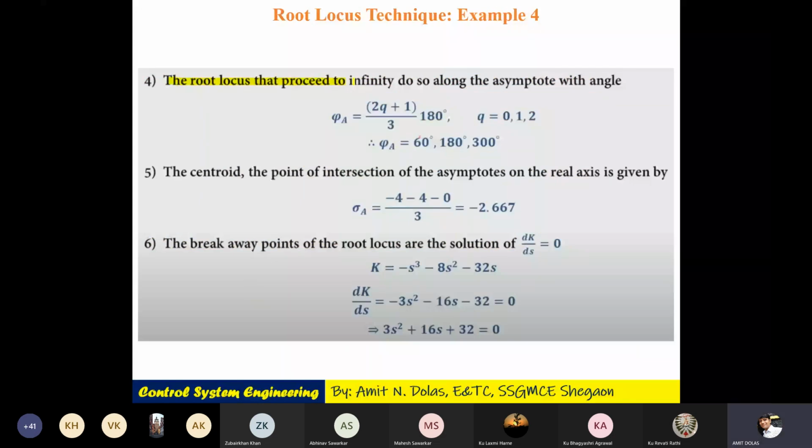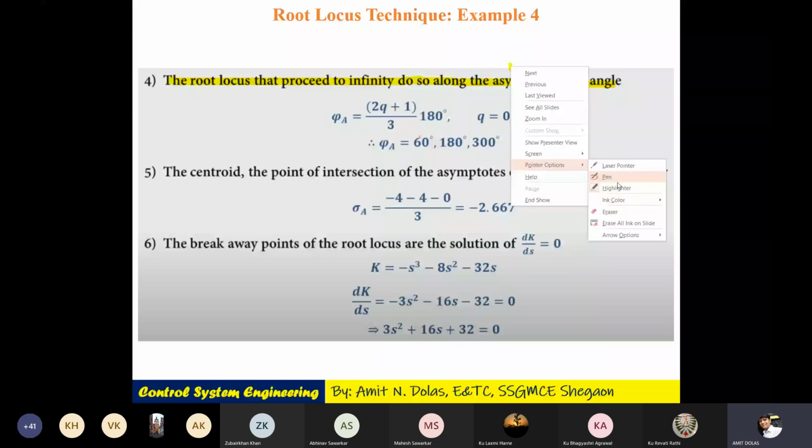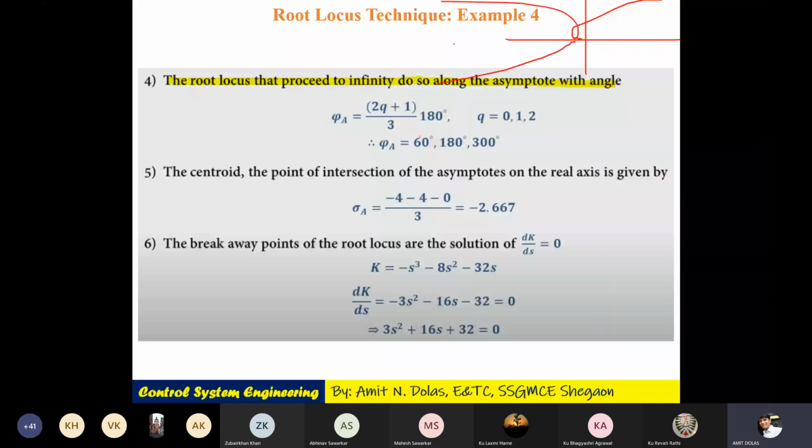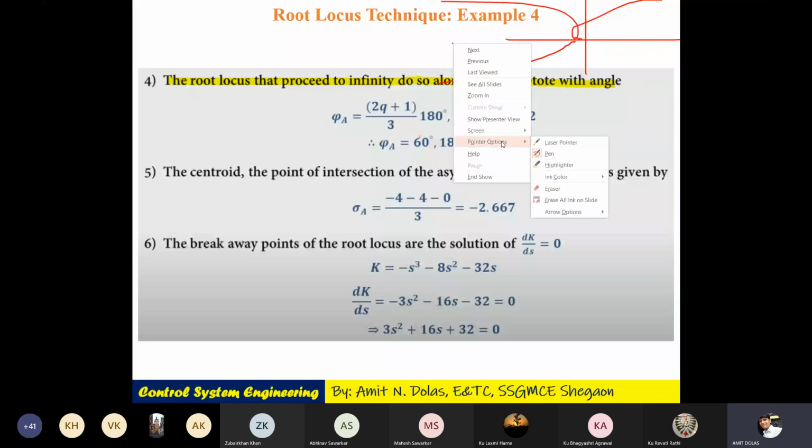Towards infinity जाते हैं तीनों branch, that we know. But what are the angles? Infinity जाते हैं, इसका मतलब those are not moving like this. There is a root locus, suppose, and infinity जाते हैं means इधर जाएंगे, maybe go इधर, may it go in this direction. It is not like that. There are again, of course, certain construction rules.